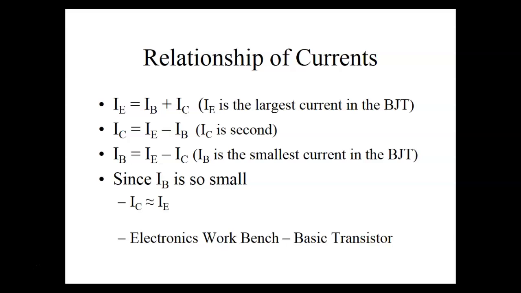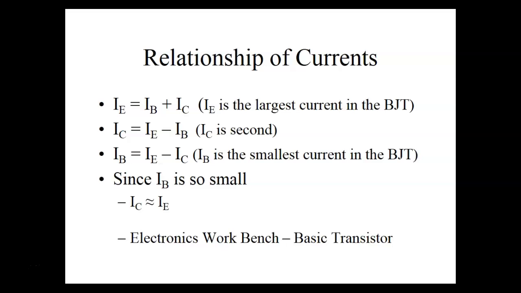Virtually nothing, right? Like a while ago, we said if we have a beta of 100, then emitter current is 101 milliamps, and collector current is 100 milliamps. So in math, if I use 101 milliamps or I use 100 milliamps, everything's approximations anyway, it's close enough, right? So for all practical purposes, guys, in our math we're going to assume that IC and IE are equal.